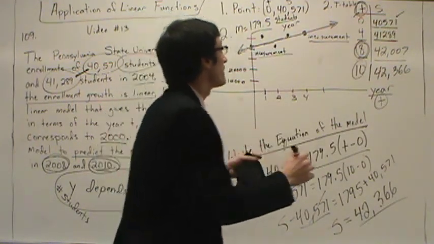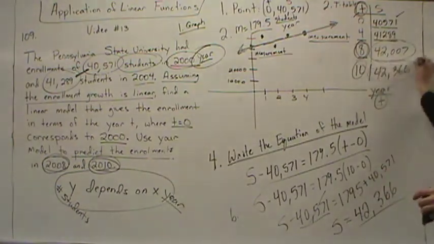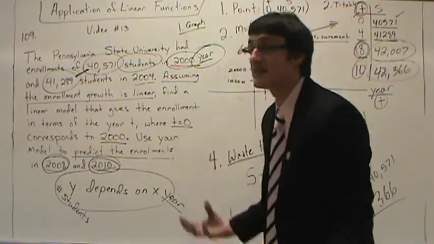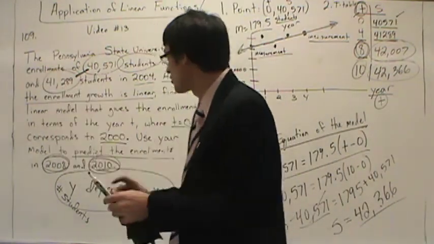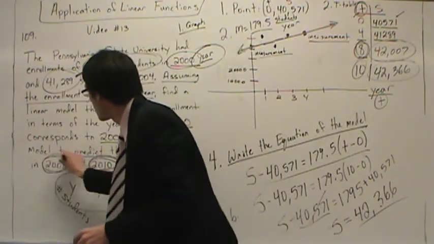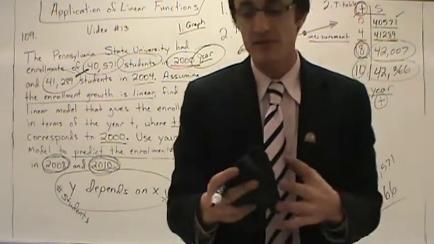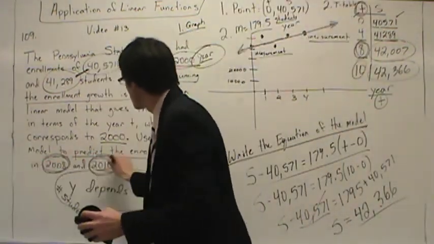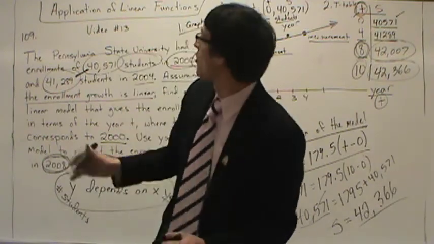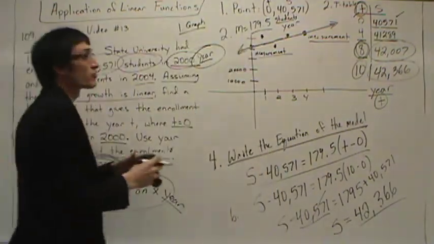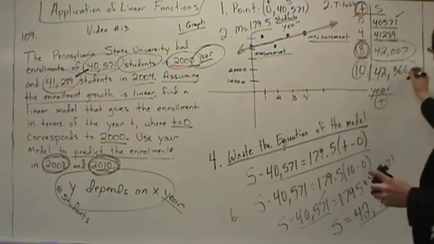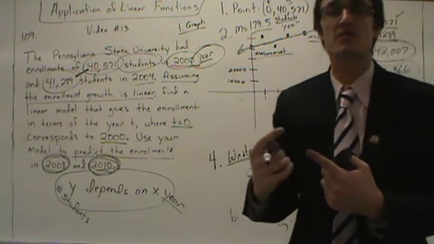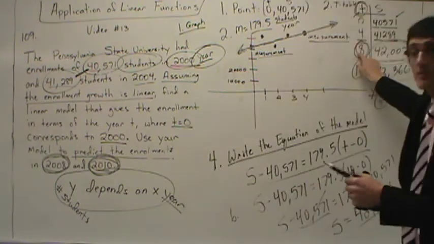Hopefully you can see these predictions make sense. Based on our prediction, the population of the school will continue to increase. As someone working for the school making this prediction, you're going to tell the school that based on a linear model, if the enrollments continue at the rate they are, we can project that the school will surpass 42,000 students in enrollment by the year 2008.